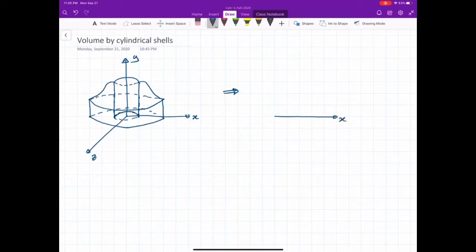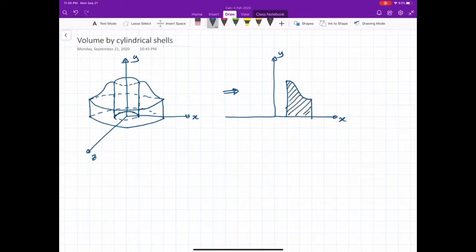Let's say this is x. That is y. Let me consider that region.